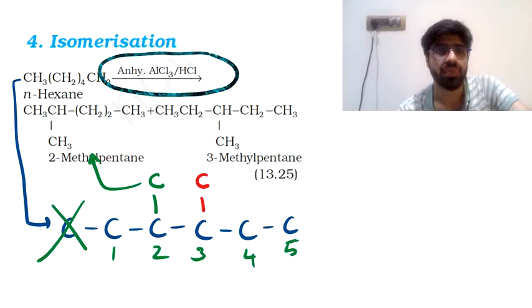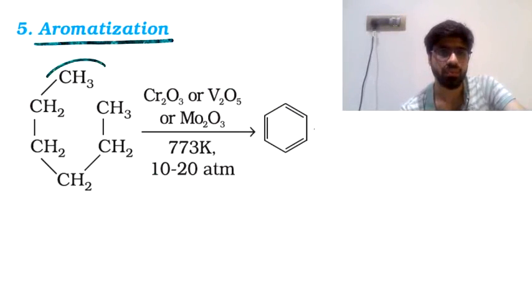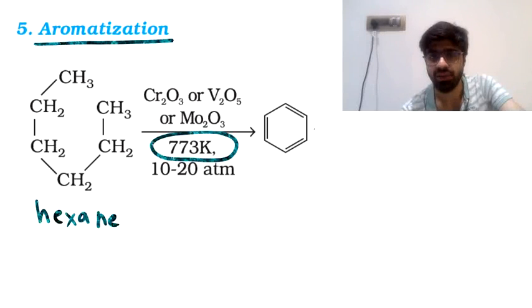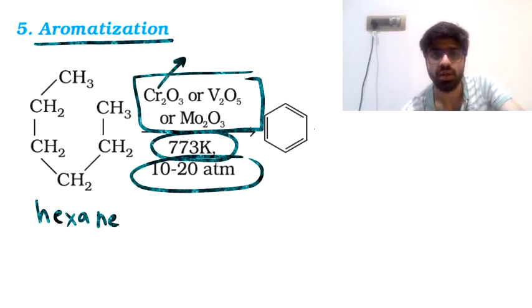Okay, we go ahead with the next reaction, and here the reaction is aromatization. You're taking a six-membered ring. This six-membered ring, okay, it's not a ring actually, it's a six-carbon alkane which is hexane, and that hexane is heated at 773 Kelvin and at a pressure of 10 to 20 atmospheres in the presence of catalysts like chromium oxide or vanadium pentoxide or molybdenum oxide.